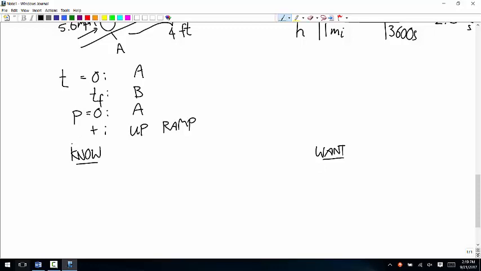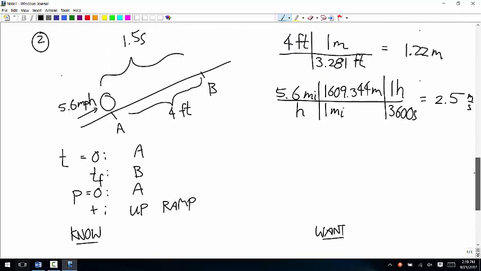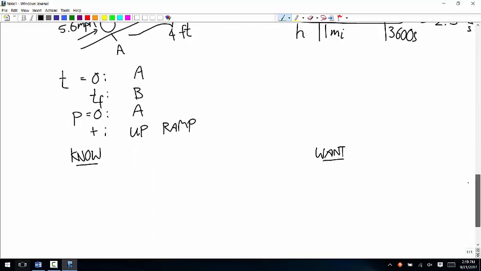So do we know time final? I think that's given. 1.5 seconds. Do we know initial position? Yep, that's 0. Do we know final position? That's 4 feet in the positive direction.